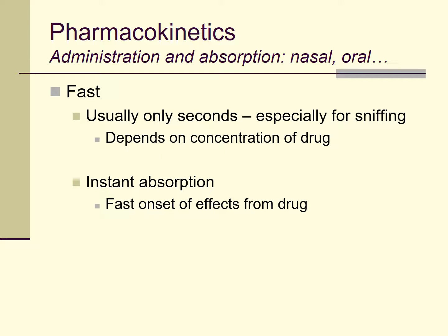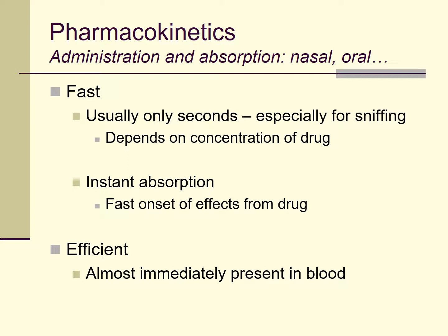For our purposes, we could say this is often almost instantaneous absorption. This is usually a fairly efficient way of getting drugs into the body, because almost all of the drug is almost immediately present in the blood supply and can be available to the nervous tissue and can start to have the effects that you want to get from that drug, whether it's cocaine or whether it's nicotine in chewing tobacco or any way like that.